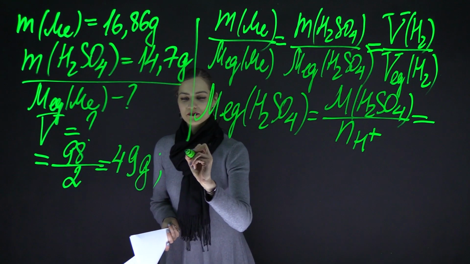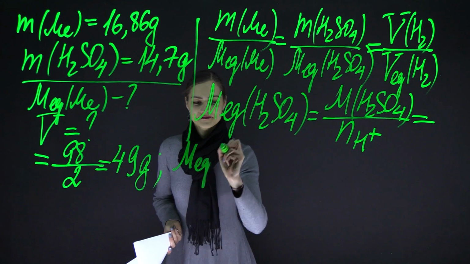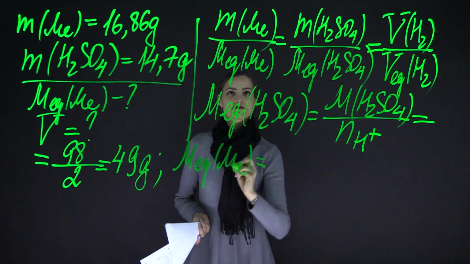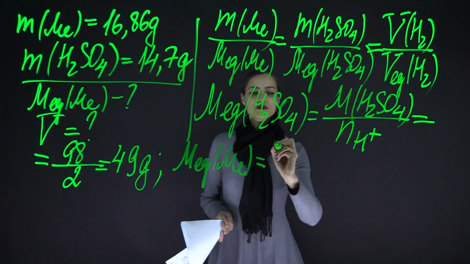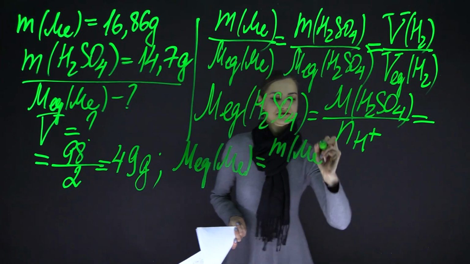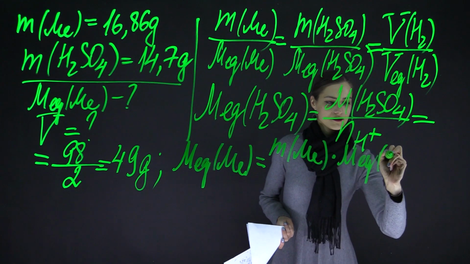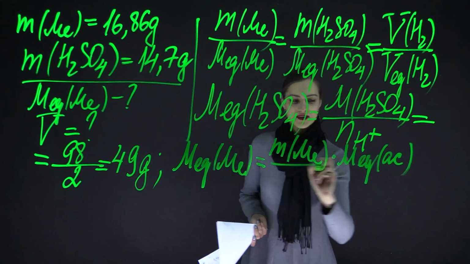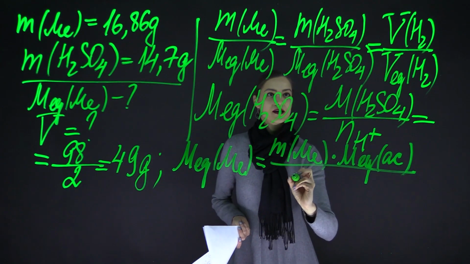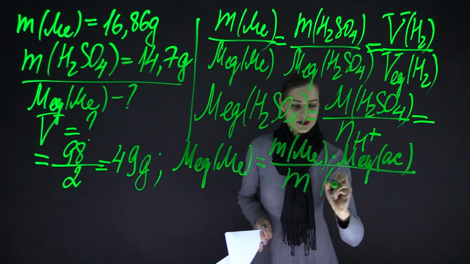So the equivalent mass for the metal is the mass of metal multiplied by the equivalent mass of acid and over the mass of acid.